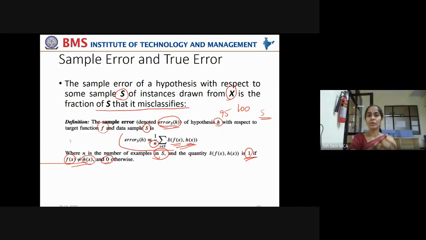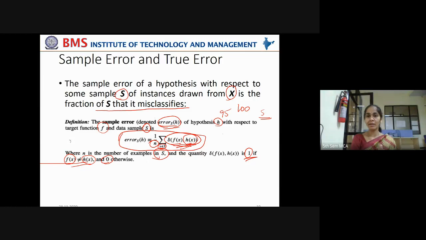Now, refer to this formula once again. Sample error is equivalent to the average of all the training example errors when x belongs to the sample data points, sample instances. Delta of what is the original target label f(x) and what is the predicted label by the hypothesis h(x).